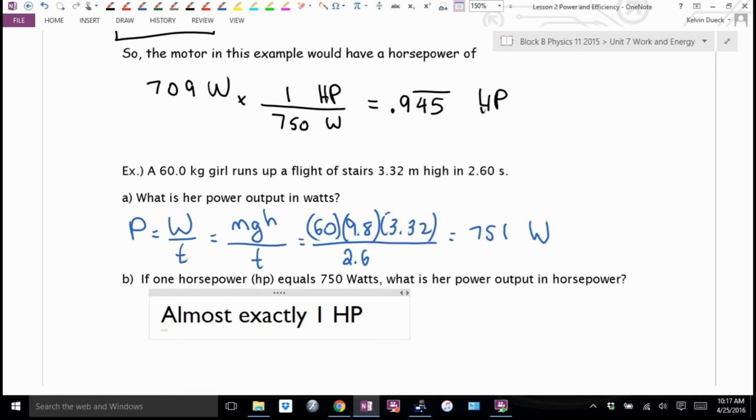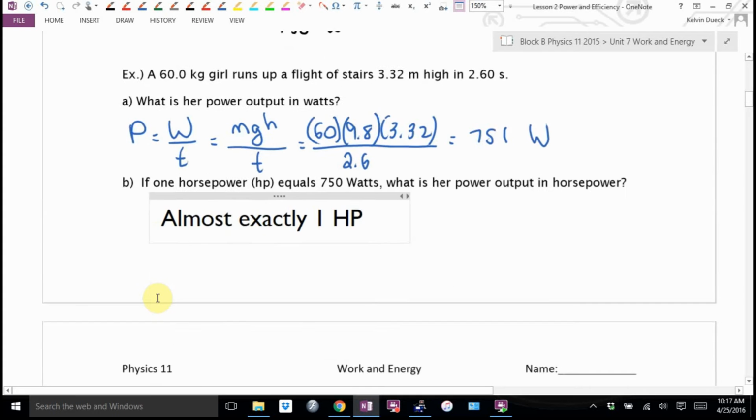If you were 60 kilograms and you ran the set of stairs in 2.6 seconds, which is walking medium fast, that's about 1 horsepower. It's about 750 watts. I'm doing that because those of you in mechanics know that internal combustion engines are measured in horsepower, and I wanted to give you some frame of reference for what a horsepower is.